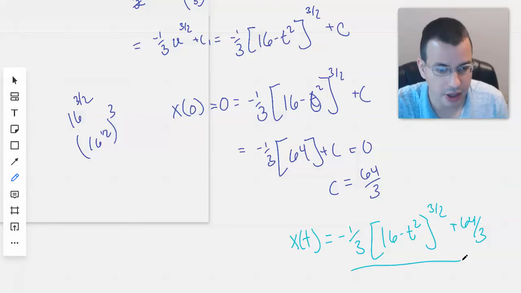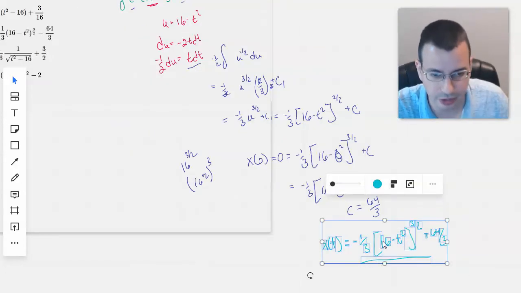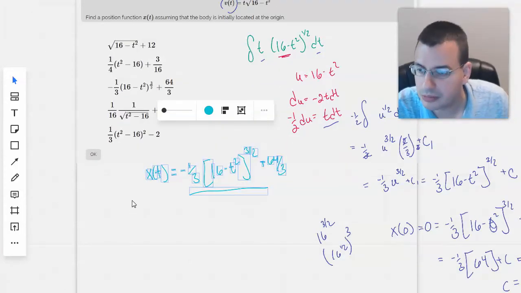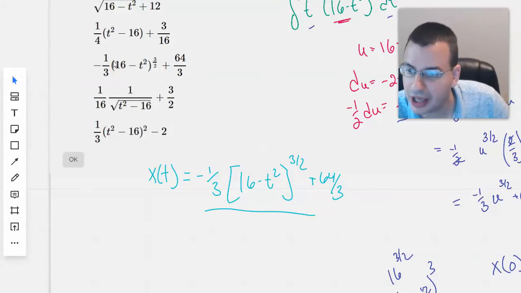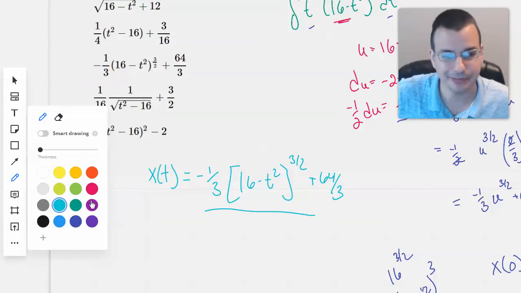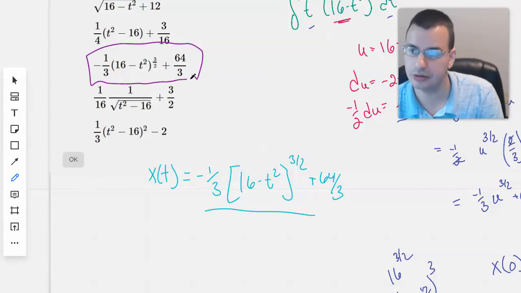There we go, and that should be our answer. Let's see what some of our options are. We have negative 1/3, 16 minus t squared to the 3/2. Aha, yes. So this will be our answer right there.